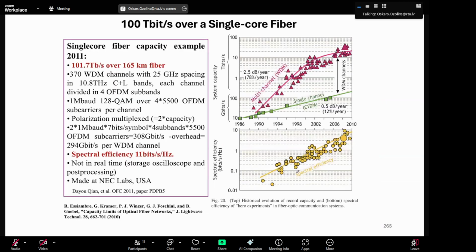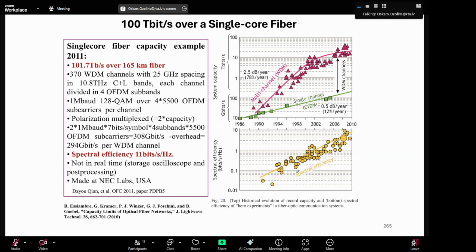Right. So these capacities, I think this is already quite an old figure, from 2011. In a single core fiber over 165 kilometers, it was 100.1 terabits per second. What they used was 370 WDM channels with 25 GHz spacing and C plus L bands, which is 10.8 terahertz, and each channel divided into 4 OFDM subbands.